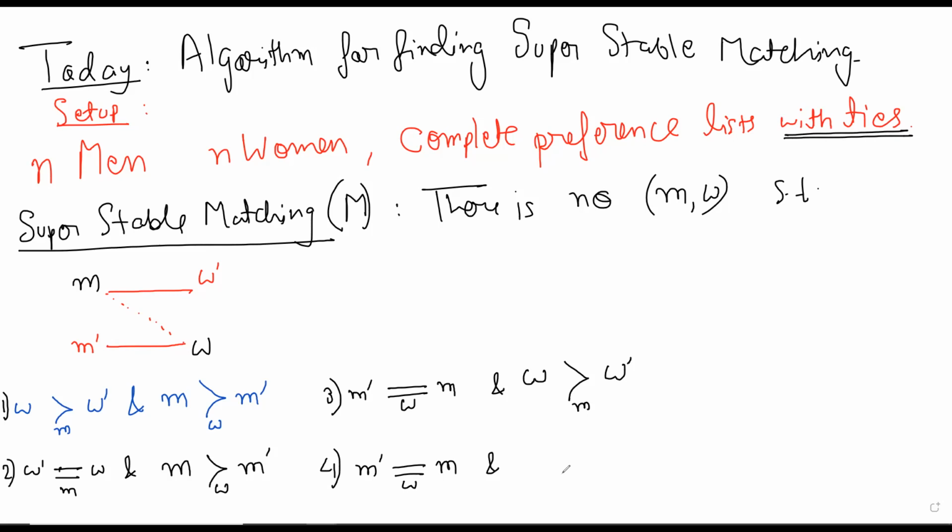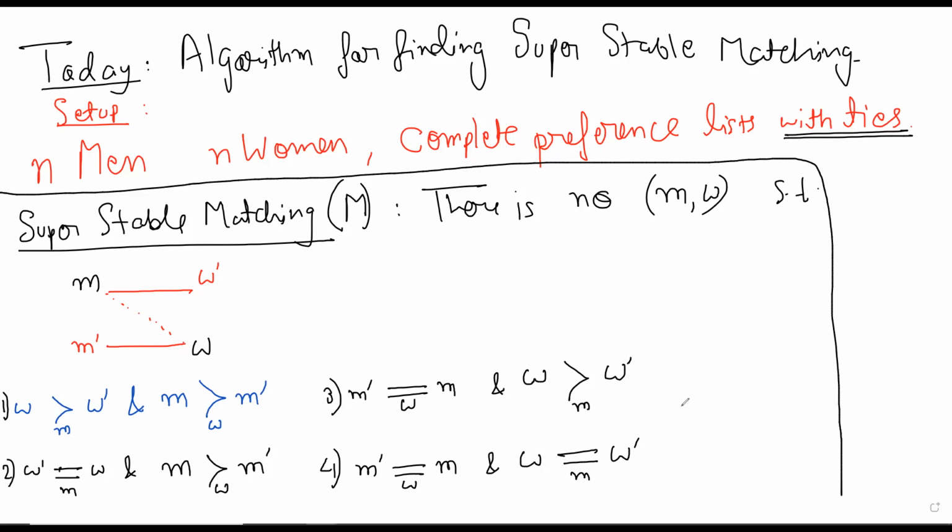If something ends up being super stable, it's just solid, stable. Like there's no vibration, completely stable in that sense. M, and then there is W and W prime. So both are indifferent, or one of them benefits and the other obviously doesn't lose, or if both benefit, then obviously we don't want such pairs at all. So this is the clear definition of super stable. This is the first thing.